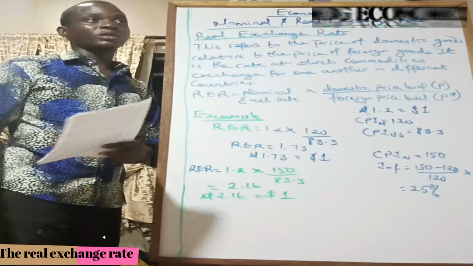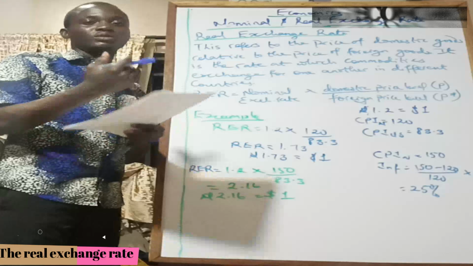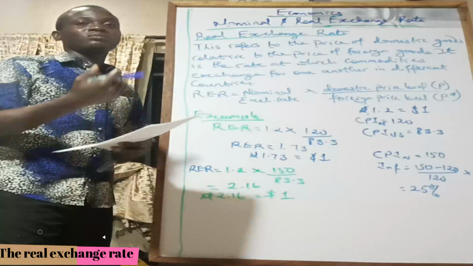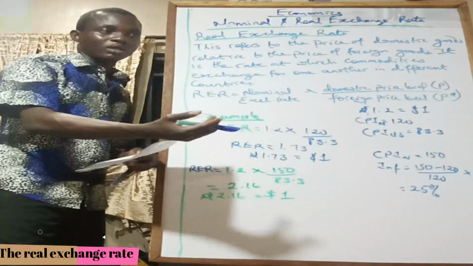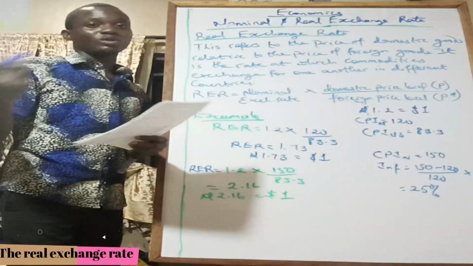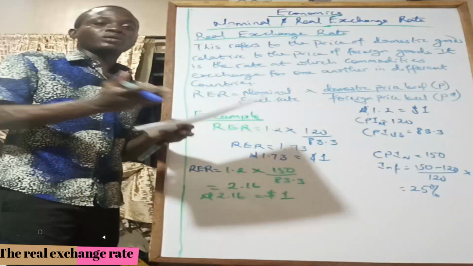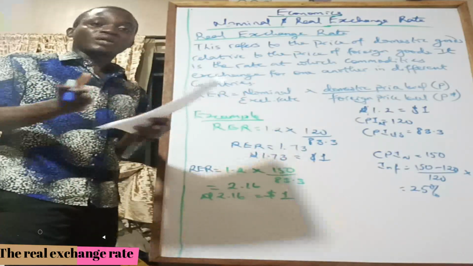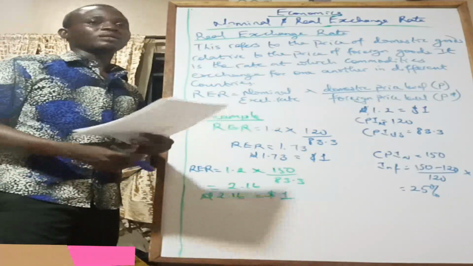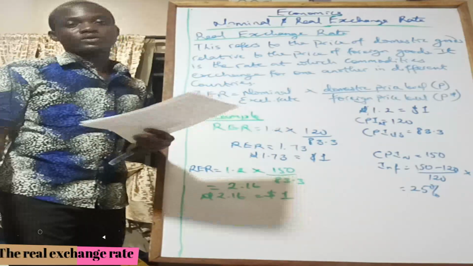Once your country's products begin to sell at higher prices, it reduces competitiveness in the market, because people would need to pay more for your product. Your products are going to get more expensive than they used to be, and exports might reduce. There's going to be an increase in the prices of the goods you are offering on the international market, and it may actually cause a reduction in export revenue.